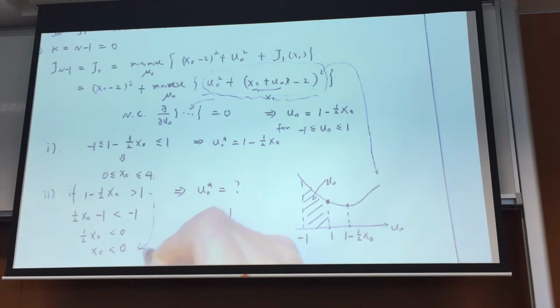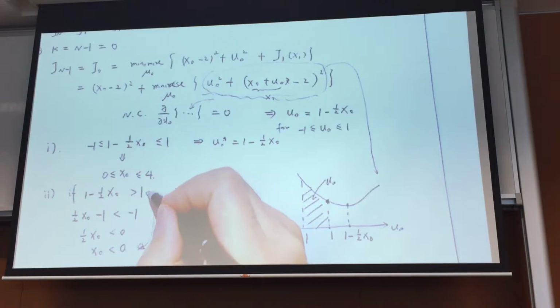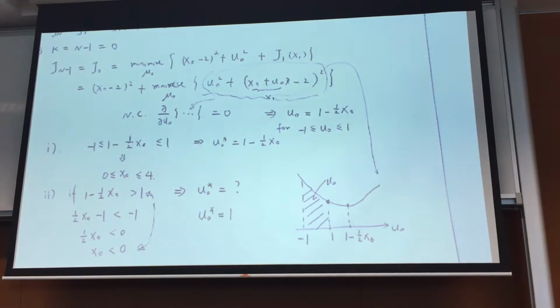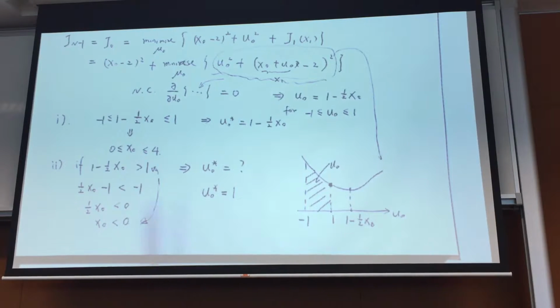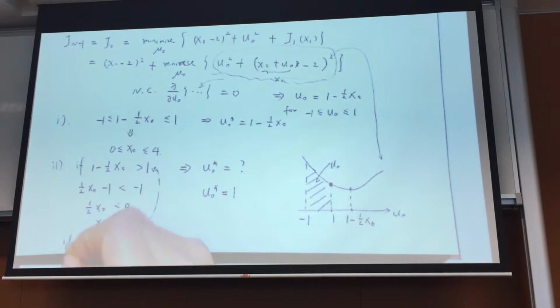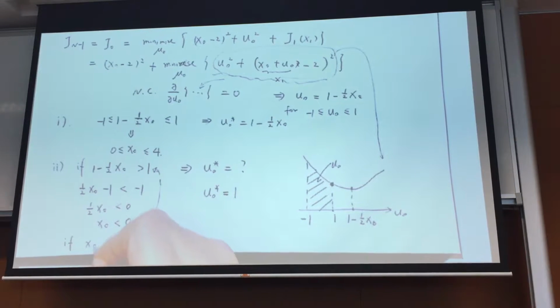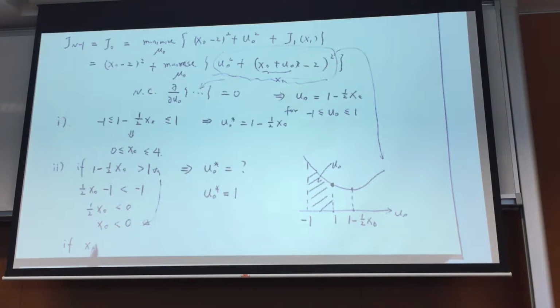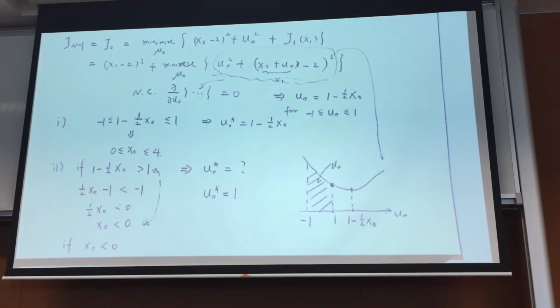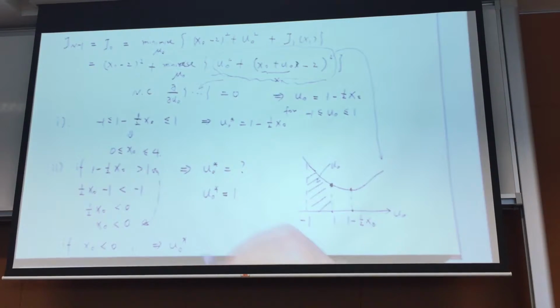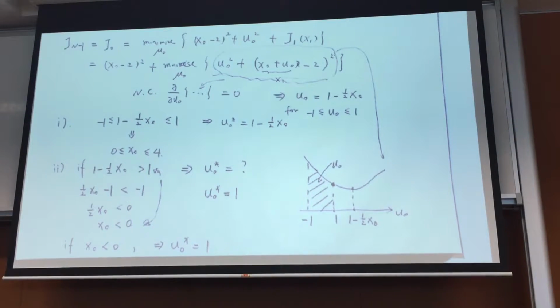These are the same condition. So we may summarize that if x0, the initial state, is smaller than 0, then we have the u0 star equal to 1.